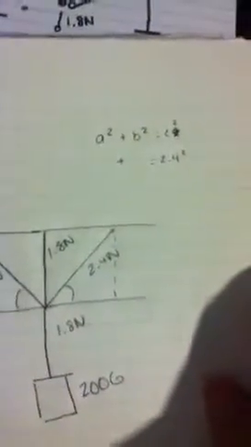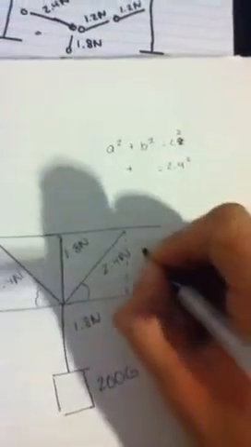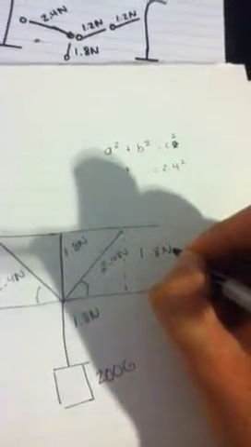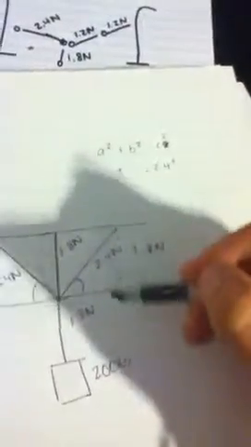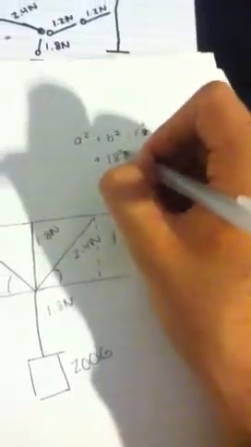This one is 1.8, and this is 1.8 because it's also going vertical. So this is B, A, B, C. We already have B, so 1.8 squared.